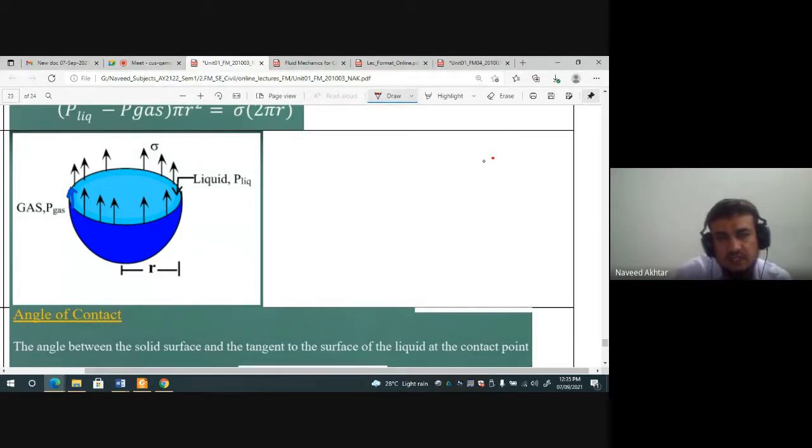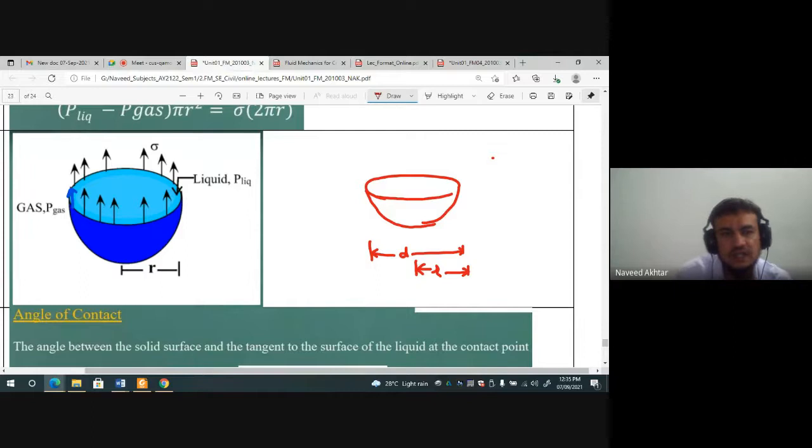So this is the half part of the drawing of the droplet of water. Okay, so if d is the diameter or r is the radius. Outside is the gas, external, and inside is the liquid.